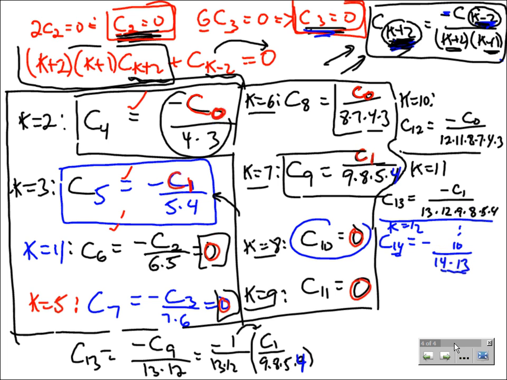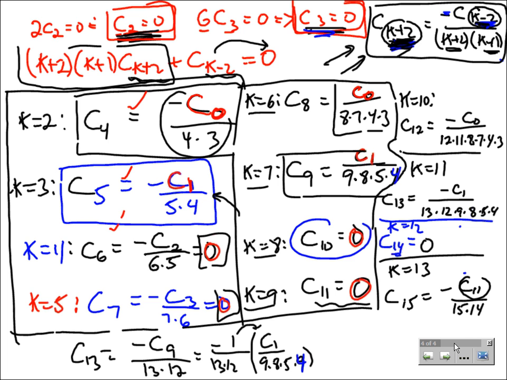That's 0. C sub 14 is 0. And when k is 13, c sub 13 plus 2 is going to be negative c sub 11 over 15 times 14. But c11 is 0. So c sub 15 is going to be 0.